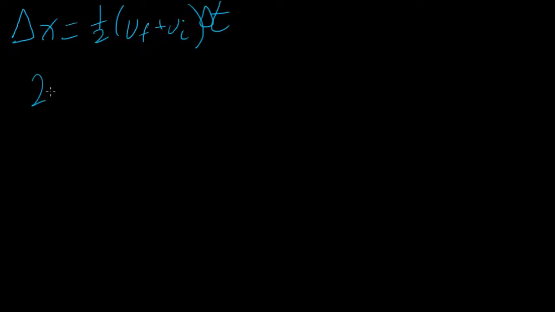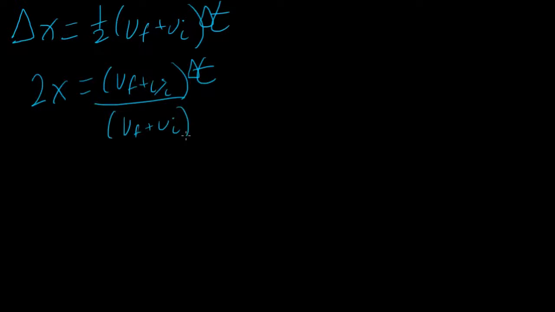So we get 2 delta x equals vf plus vi times delta t. Let's divide both sides by that sum, vf plus vi. I'm actually going to switch the order for this next step, just to be consistent with what the book does.